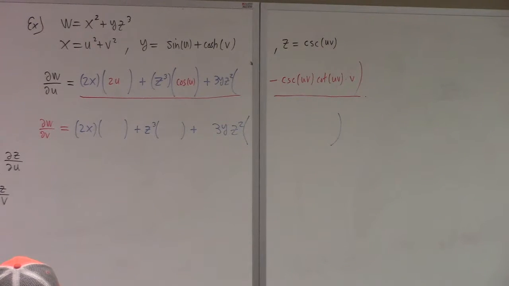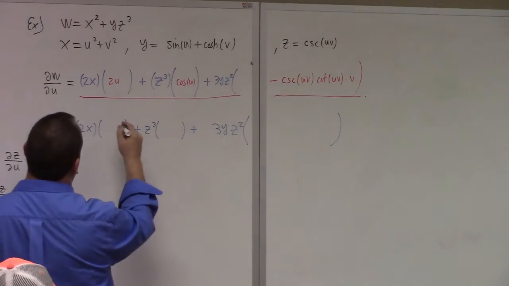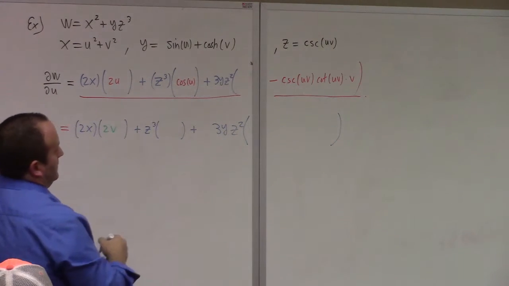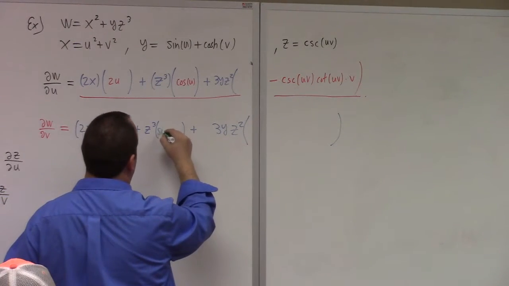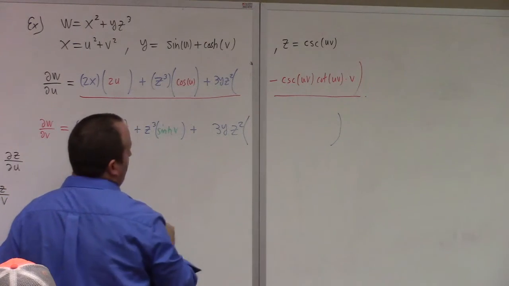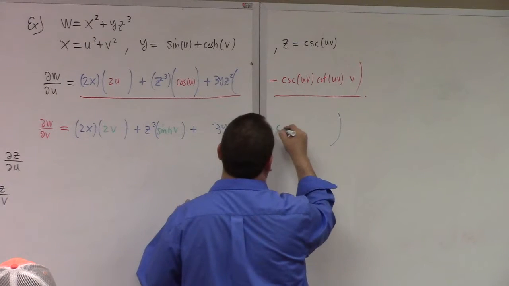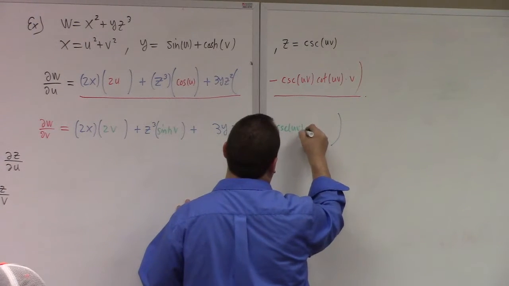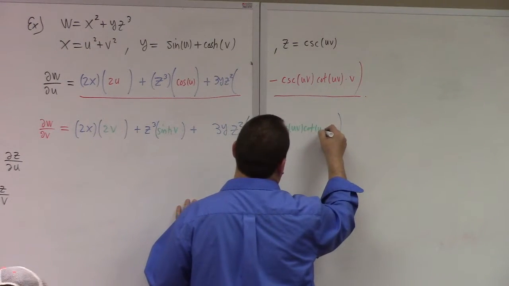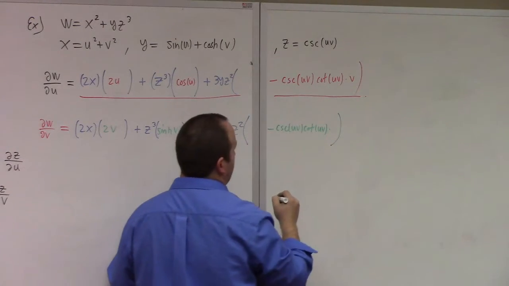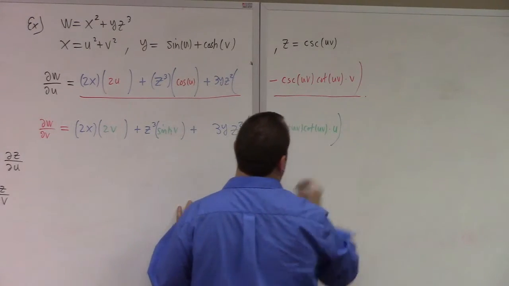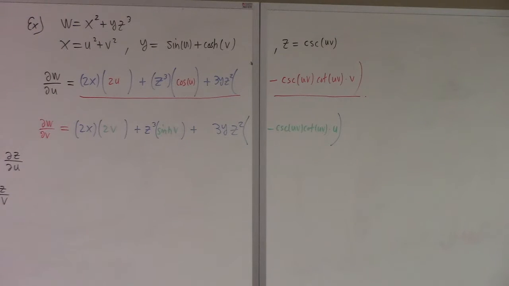So I have to multiply by different partial x partial v, partial y partial v, partial z partial v. So partial x partial v is what? So you got 2v. We've got sinh of v. And over here, we get ourselves a minus cosecant uv, cotangent uv, times u, right? There you go.